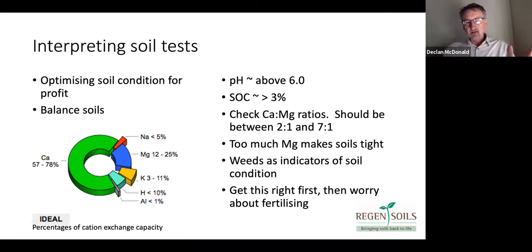Calcium has to be the dominant cation in the soil, because calcium, magnesium, and potassium, we know of them as important plant nutrients, but they also wear another hat. They have a really important role to play in soil structure, particularly calcium, also magnesium, to a lesser extent potassium, and to a very low extent sodium, so long as it's a very low percent.